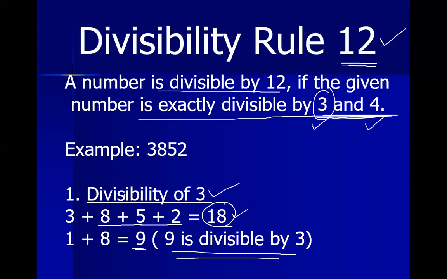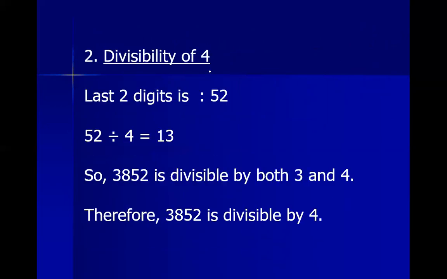Now I have to check with 4. Then it will be divisible by 12; otherwise it will not be. For divisibility by 4, we have studied that we have to check only the last two digits.